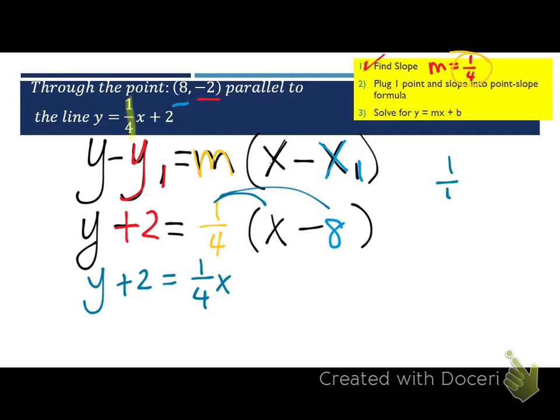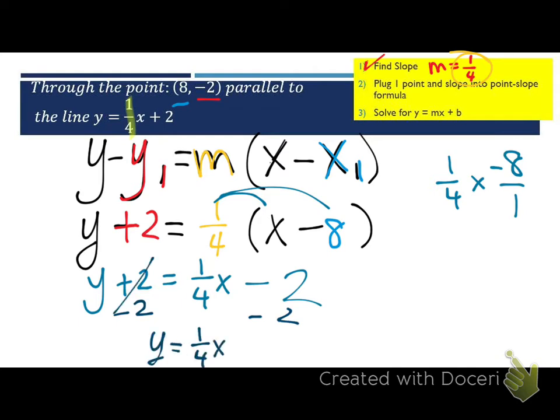What is 1/4 times -8? -2. It's a positive 1/4 times a -8. So we get a -2. And then my last step, subtract 2. So y equals 1/4 x minus 4.